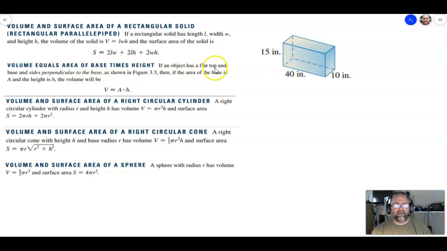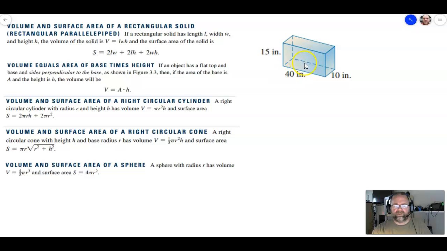And then the sides are perpendicular to the base. So notice that all of the 4 sides are perpendicular to this bottom base here. And here is the surface area, and here's the volume formula. So let's go ahead and see if you can calculate that now. Go ahead and pause the video and see what you can do, and then unpause it, and we will go over the solution.